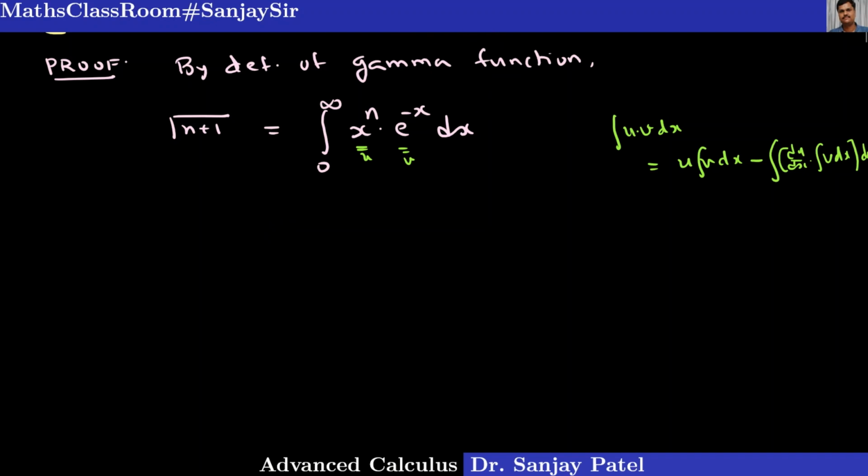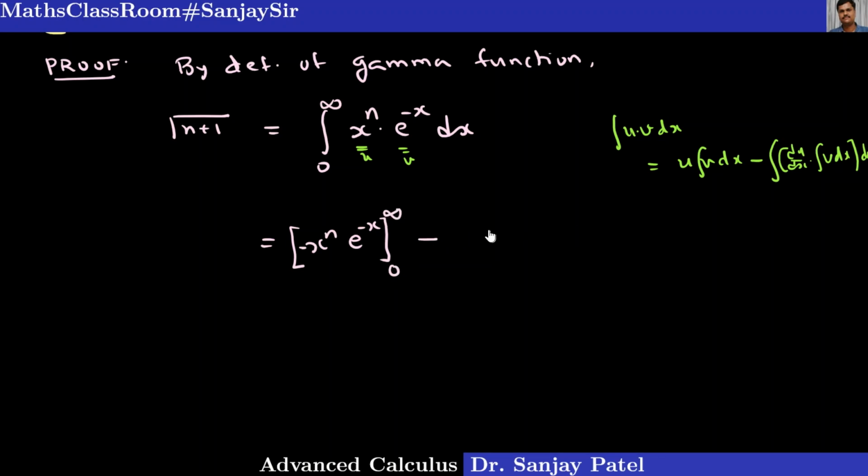So this is equal to u as it is, x raised to n, and the integral of e raised to minus x dx, that is e raised to minus x into minus 1. Then we put the limits of integration 0 and infinity.